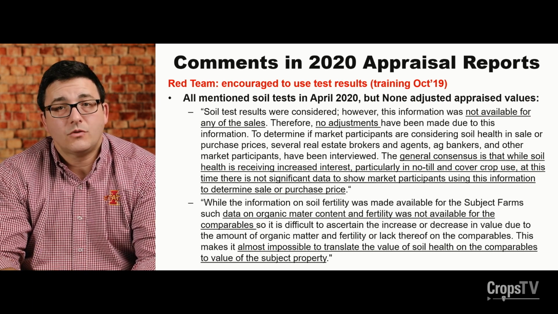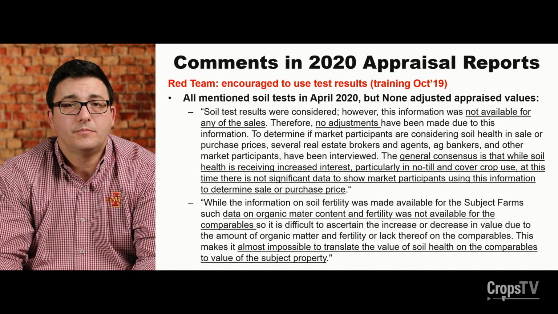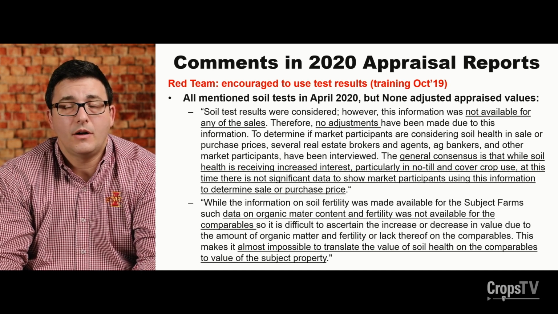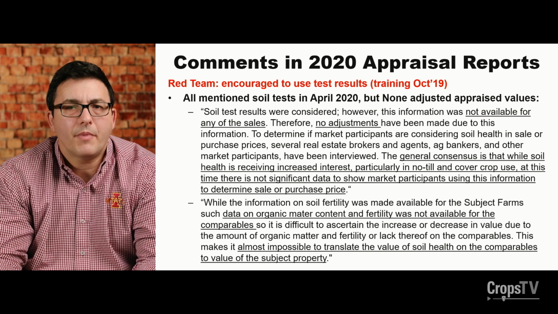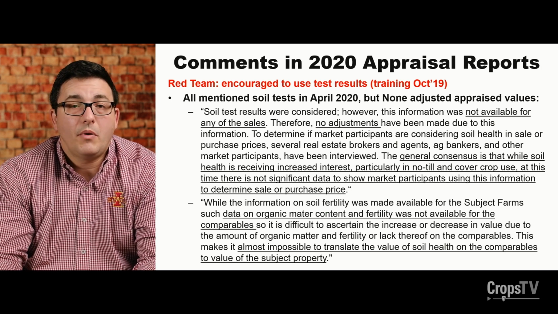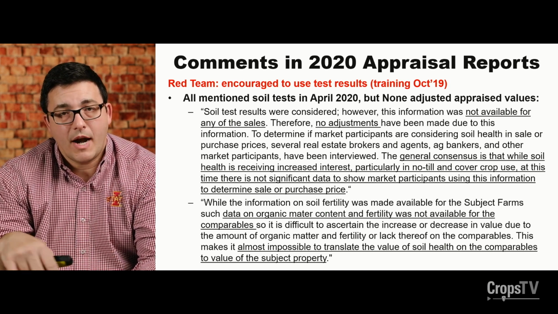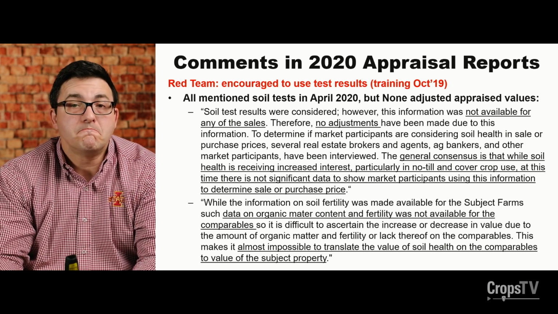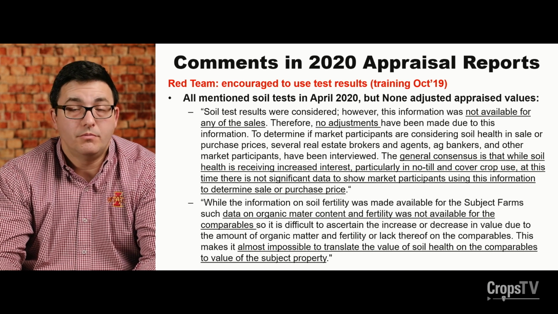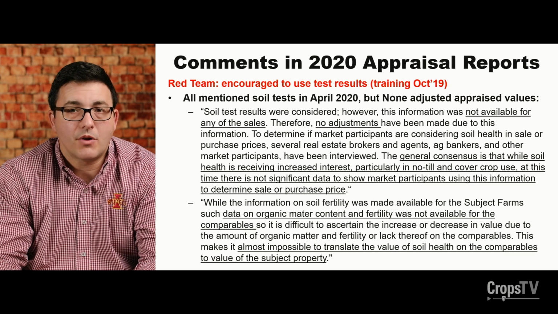And during the second round of appraisal reports in 2020, all of the three appraisers mentioned the test results, but they complained about not having similar information for the comparable farms. So the benchmarks they used to assign the value to any particular property.